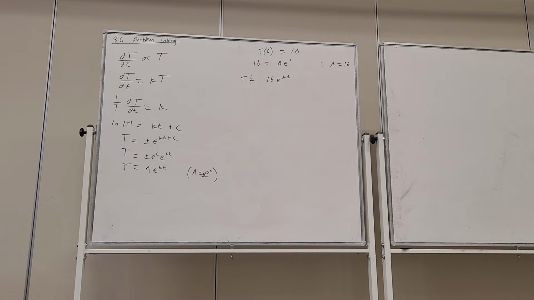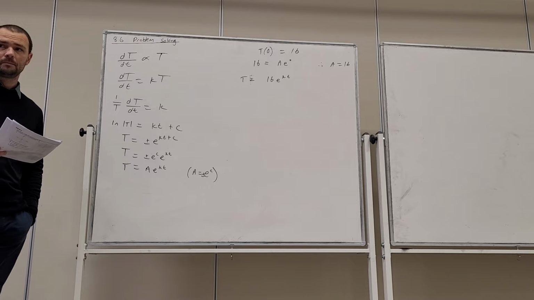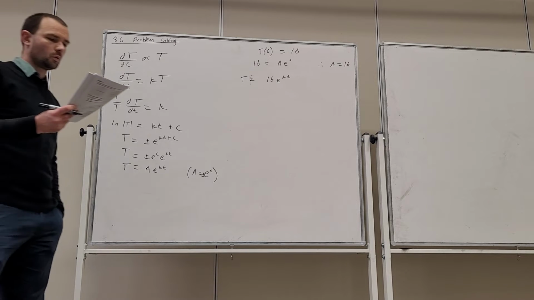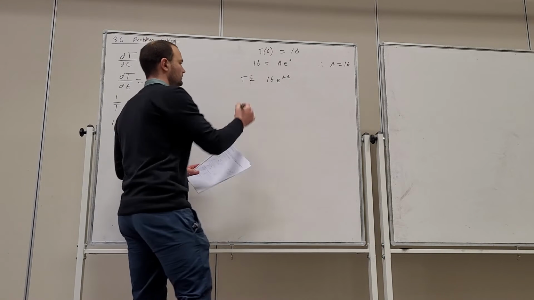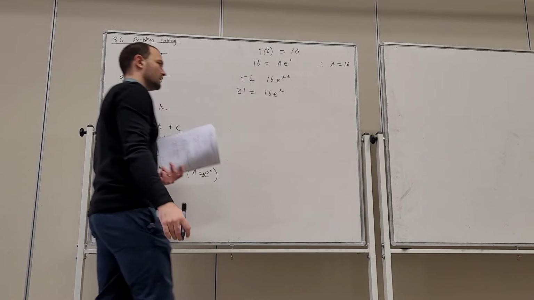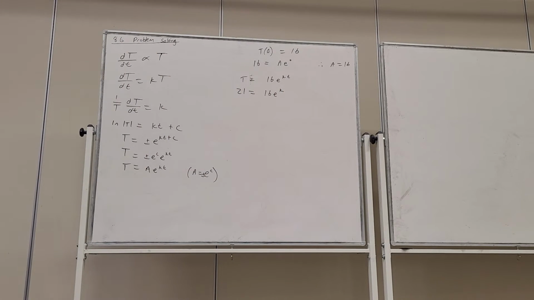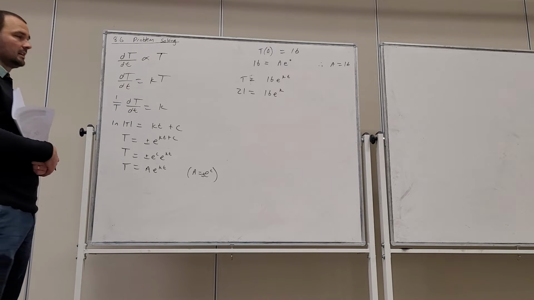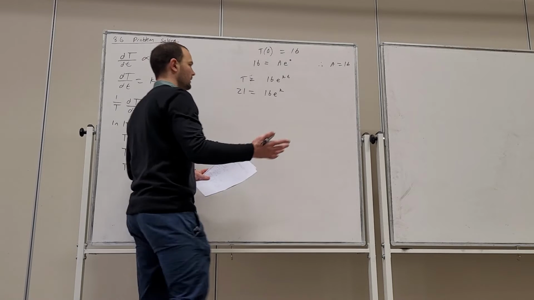Now, we're also told that after 1 hour, so when time is 1, the temperature is 21 degrees. So let's plug that in. The lowercase t is 1. This is the equation that we have, and we can solve for k here. Let's get variable k by itself.